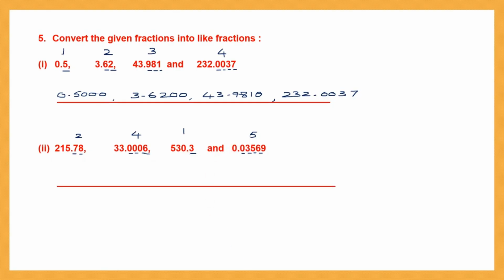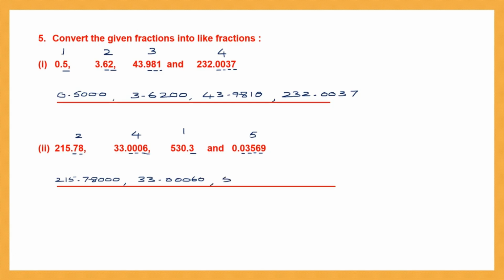So here we have 215.78. It has only 2 decimal places. We should have 5 totally. So I'm going to add 3 zeros. 1, 2, 3. Now there are 5 decimal places. Let's take the second number, 33.0006. This one already has 4 decimal places. To make it 5, I just have to add 1 zero.